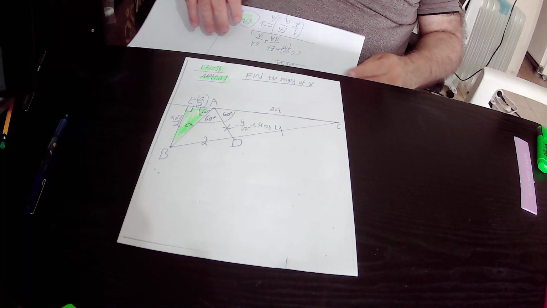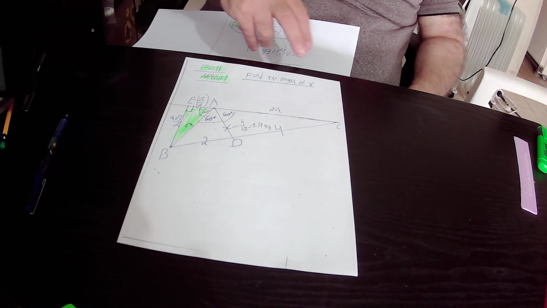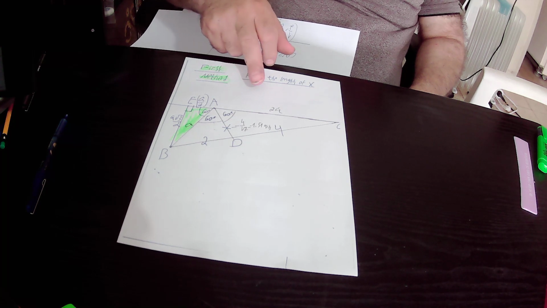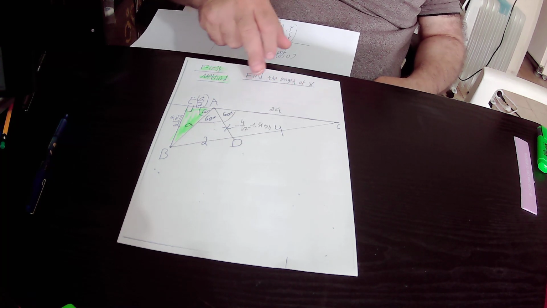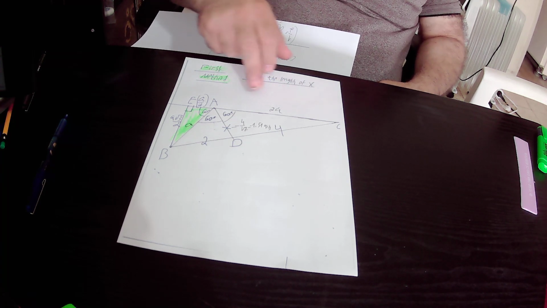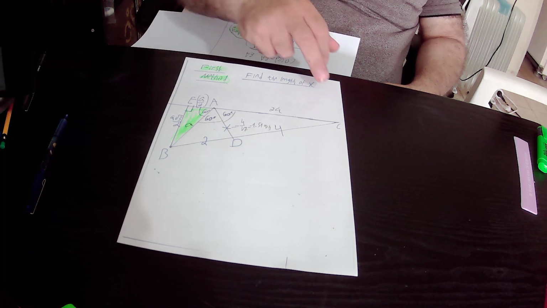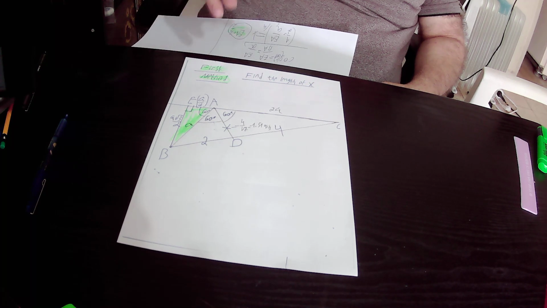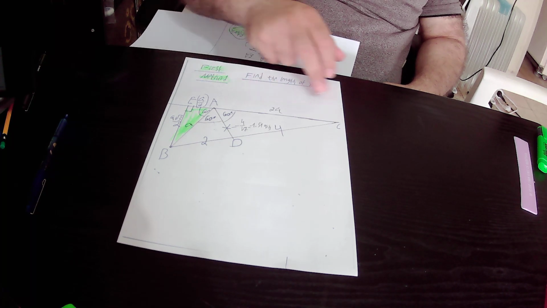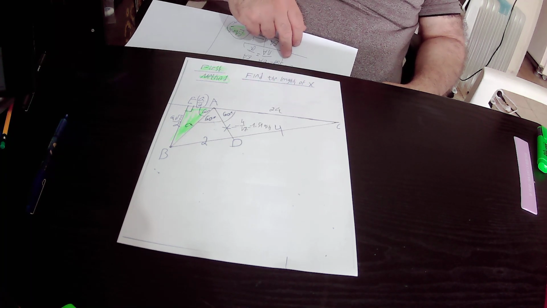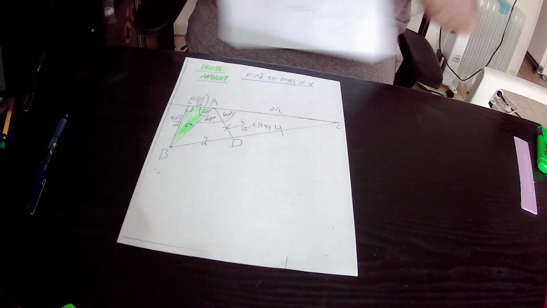CA is one side of triangle ABC, therefore it is absolutely a straight line. We extended the straight line CA by a straight line, and the result is EC. When we extend a straight line by a straight line, the result must be a straight line, so EC is absolutely a straight line.